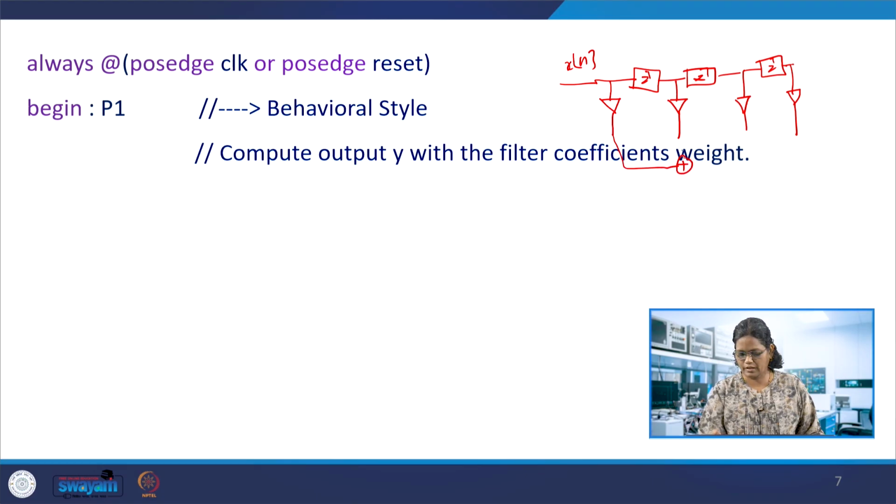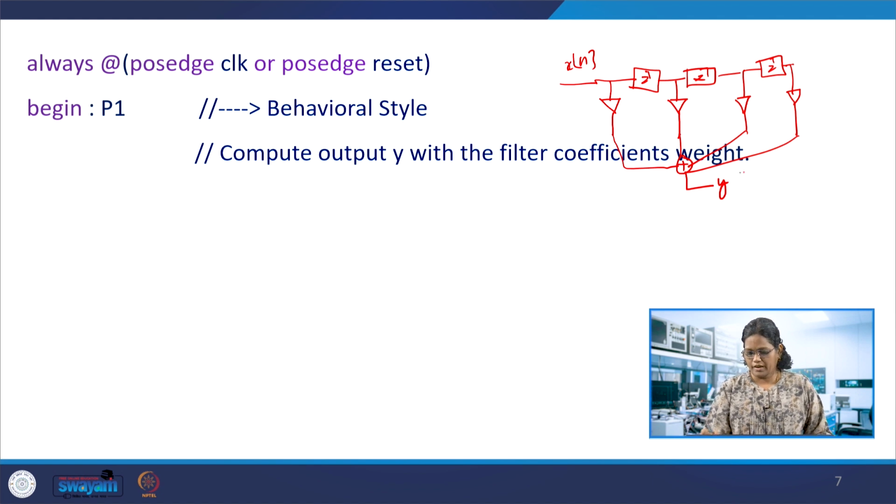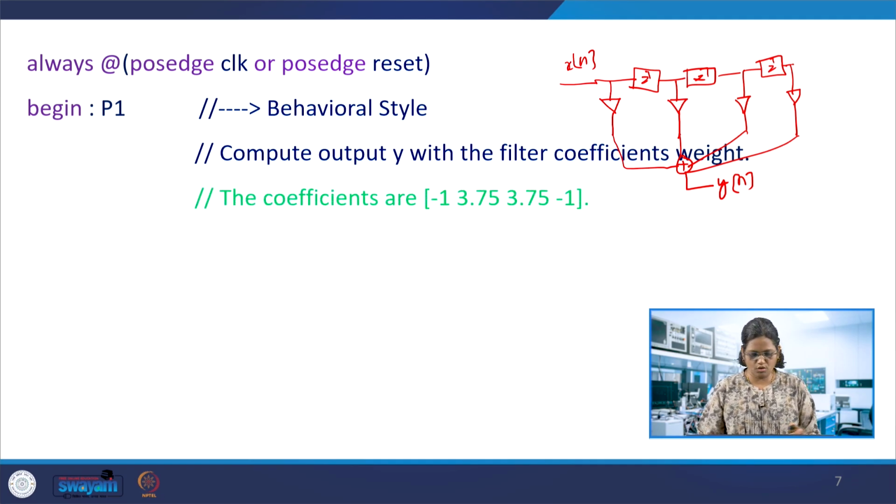We can have a single adder or multiple adders. This is y of n. So to compute this, the coefficients here are given as -1, 3.75, 3.75, -1. It's of course a symmetrical one.